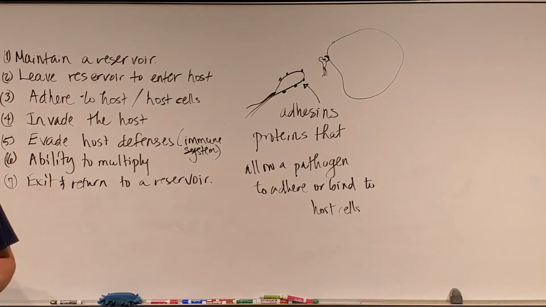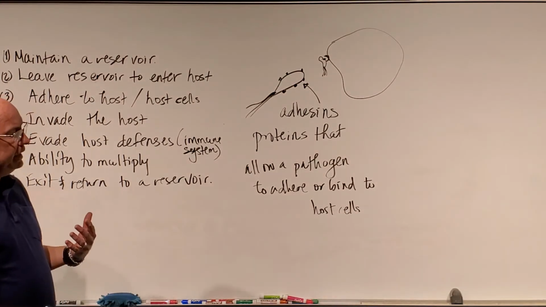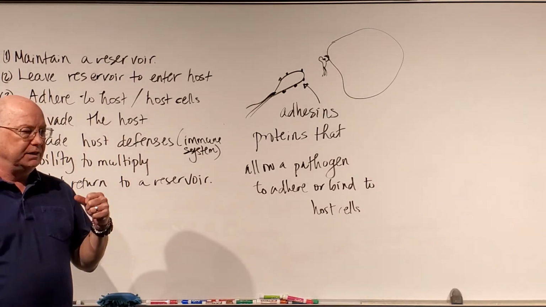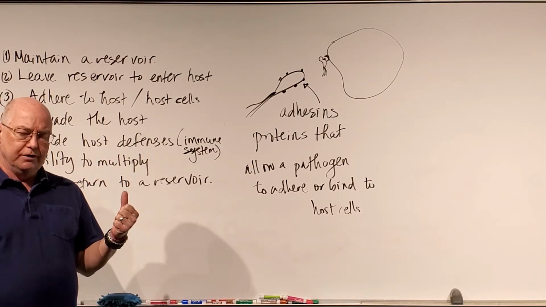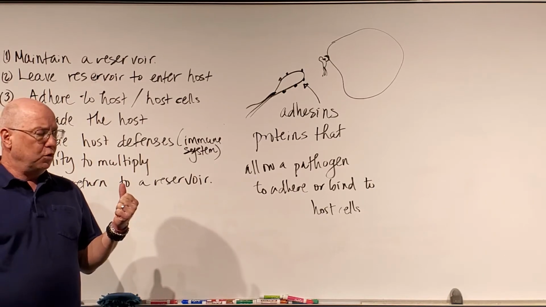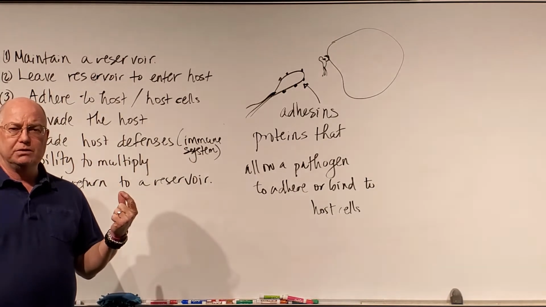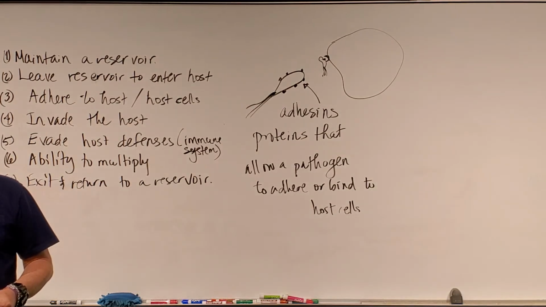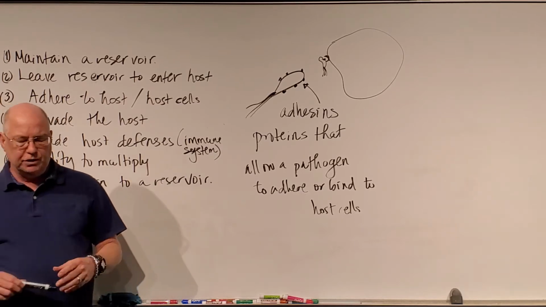Now, many of these adhesins can be components, molecules that are found on the capsule of some bacteria, or also found associated with things like pili of bacteria. So very often they can be on the surface of the cells or on the surface of the pilus.